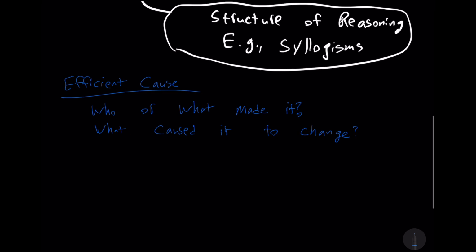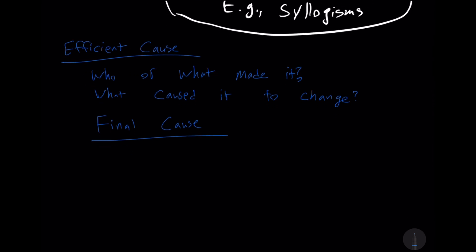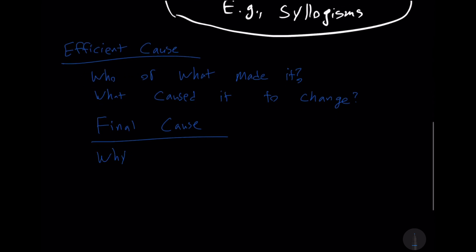Now, a final cause is that which, for the sake of which, the entity exists or is made for. It answers questions like why was this made?